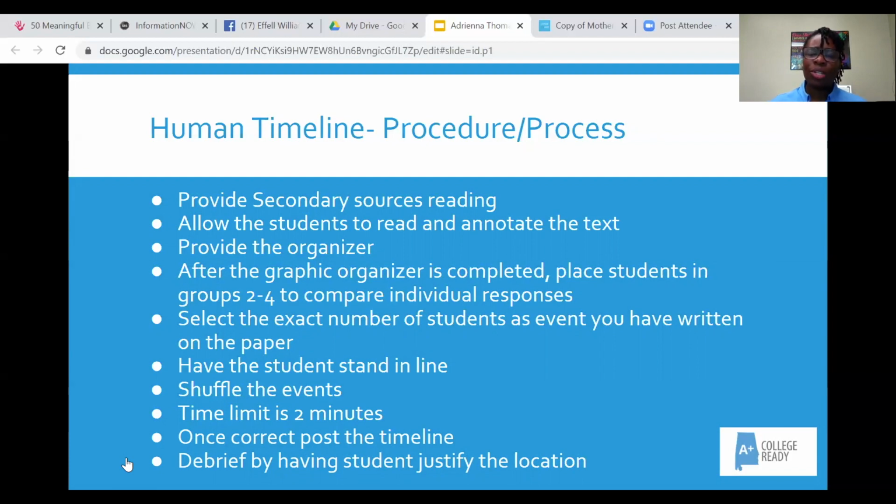Once they read that resource, then they must annotate. Go in and make sure they understand, they know what the words mean, they have an understanding of it. Once they've read it, they are provided with an organizer. In that organizer, they're able to put things in chronological order.